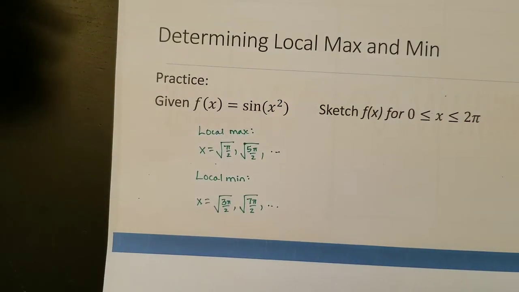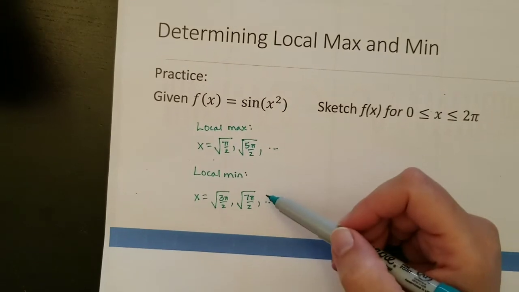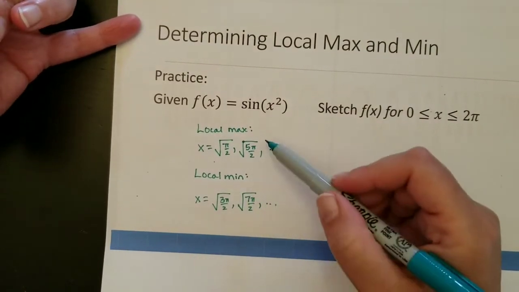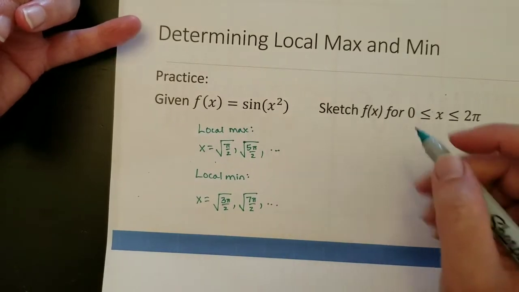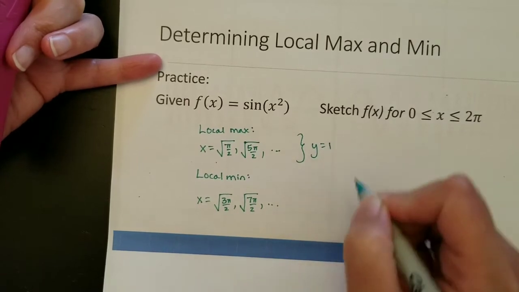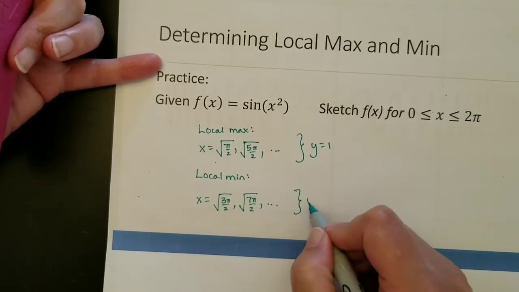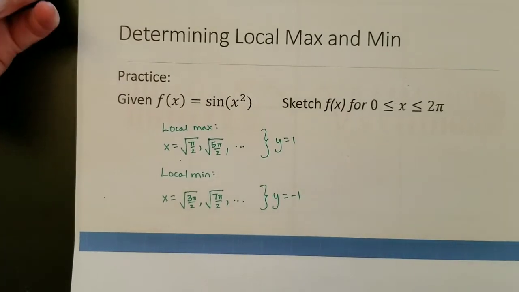And we know that the highest value that sine of anything can take is 1, and the lowest value sine of anything can take is -1. So that's actually where these local max and local mins will happen. For all of these, y is going to equal 1. And for all of these, y is going to equal -1, which you can see if you start substituting those in.